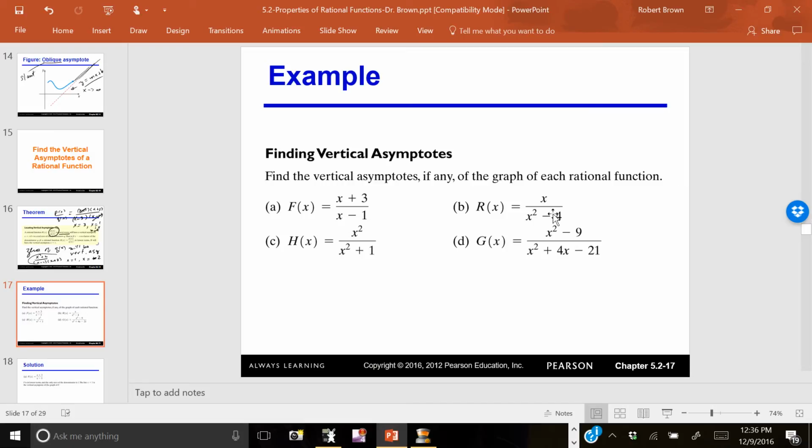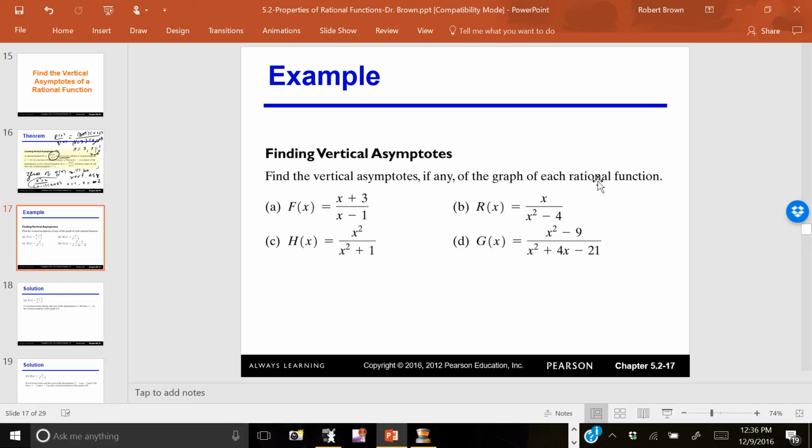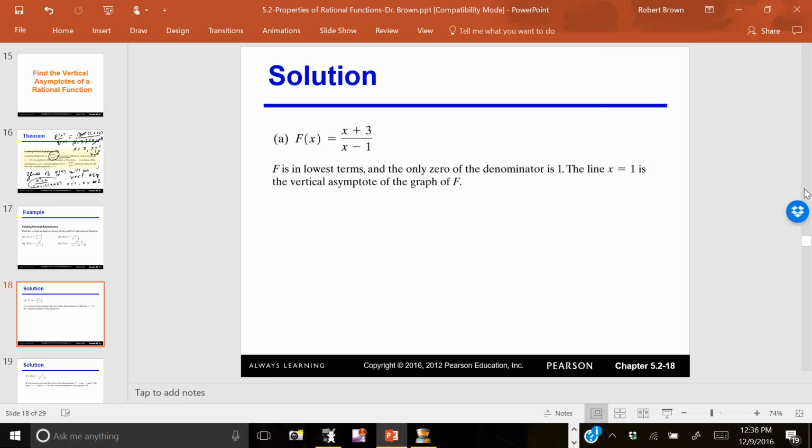So let's find the vertical asymptotes of these four functions. This particular function is in its lowest terms. In other words, you can't cancel any terms in the denominator and numerator. And so set the denominator equal to 0, and we get x equal 1 is a vertical asymptote. Pretty straightforward.